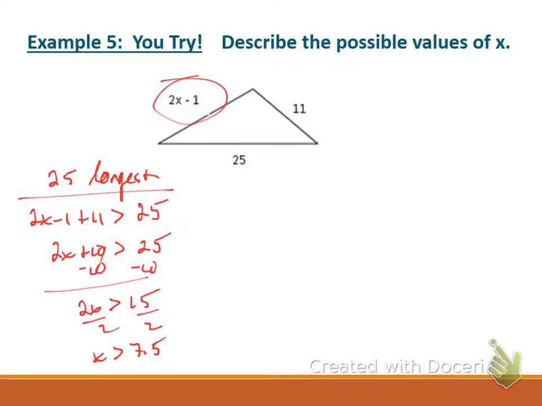But it can't be as big as we want to make it because the third side might actually be the longest. So if that happens, then that means when you add 25 plus 11, that has to be bigger than 2x minus 1. Right?